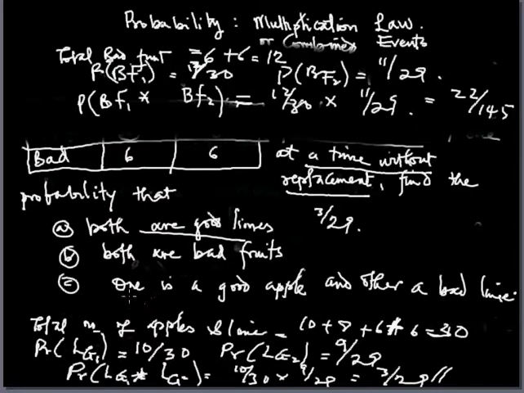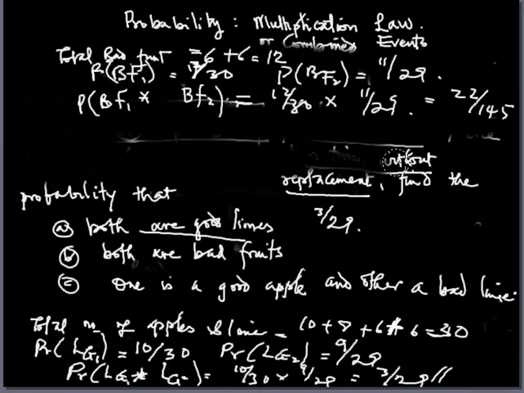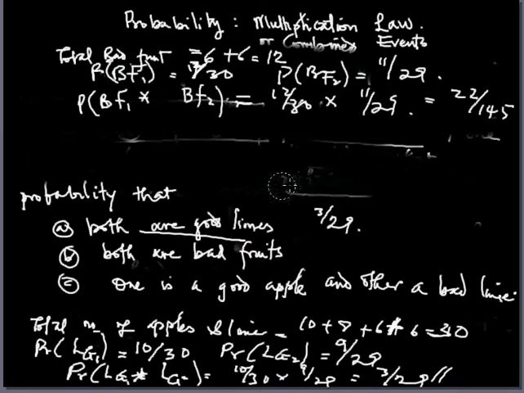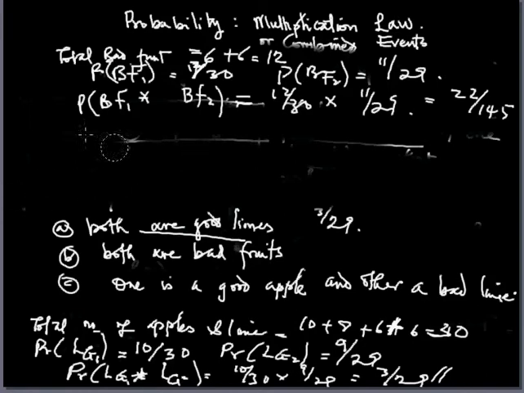The third question is one is a good apple and the other is a bad lime. This is straightforward, because we're just going to apply the same principle we used in the first two questions. I mean, one is a good apple.